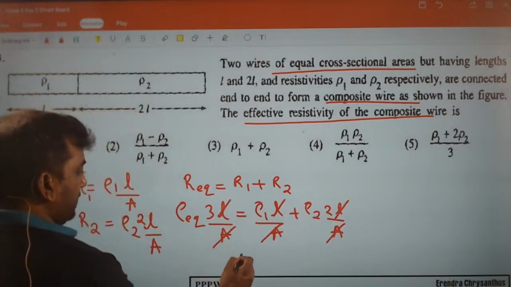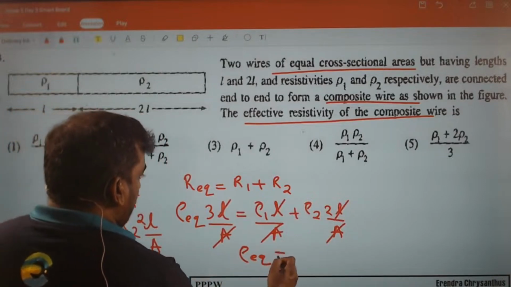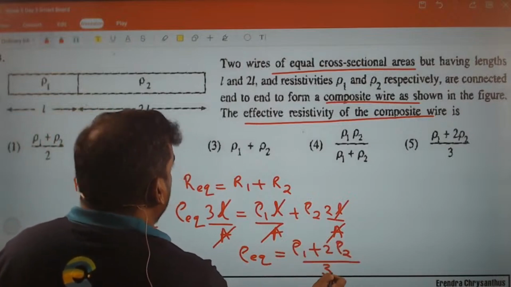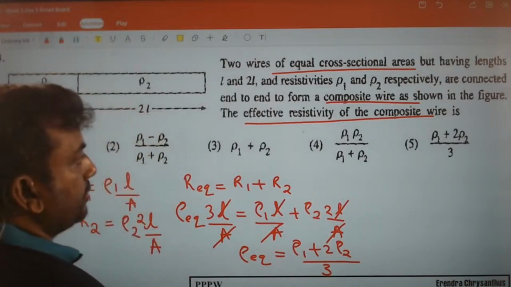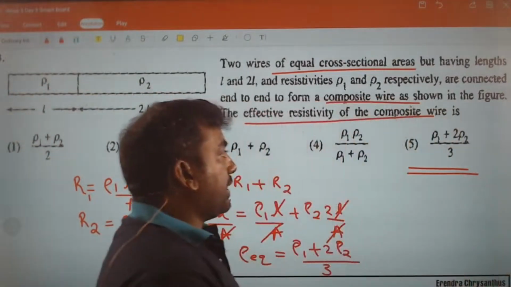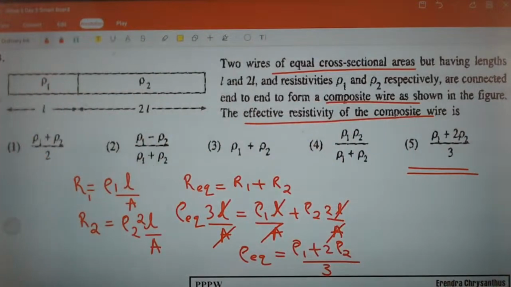All the L's cancel off. Equivalent is ρ1 plus 2ρ2 divided by 3. Correct answer is answer number 5.